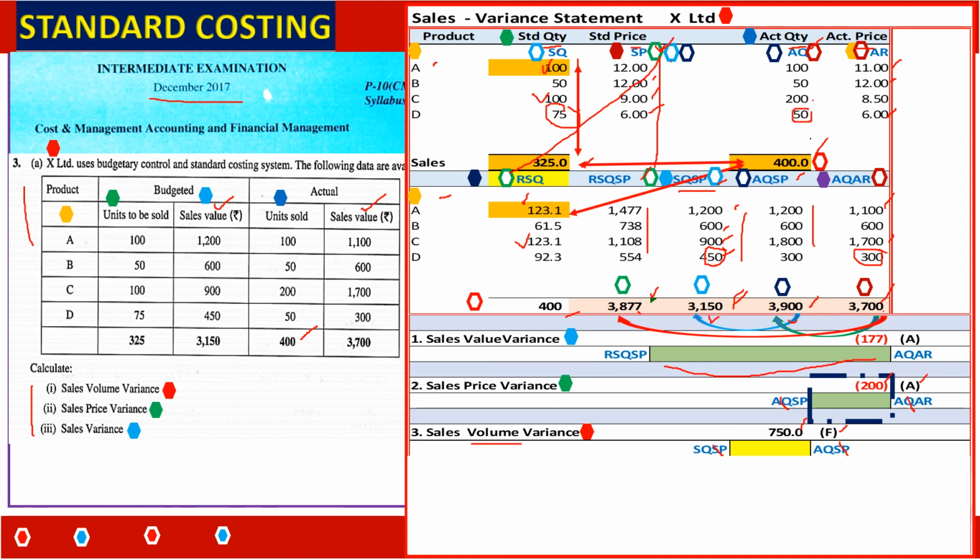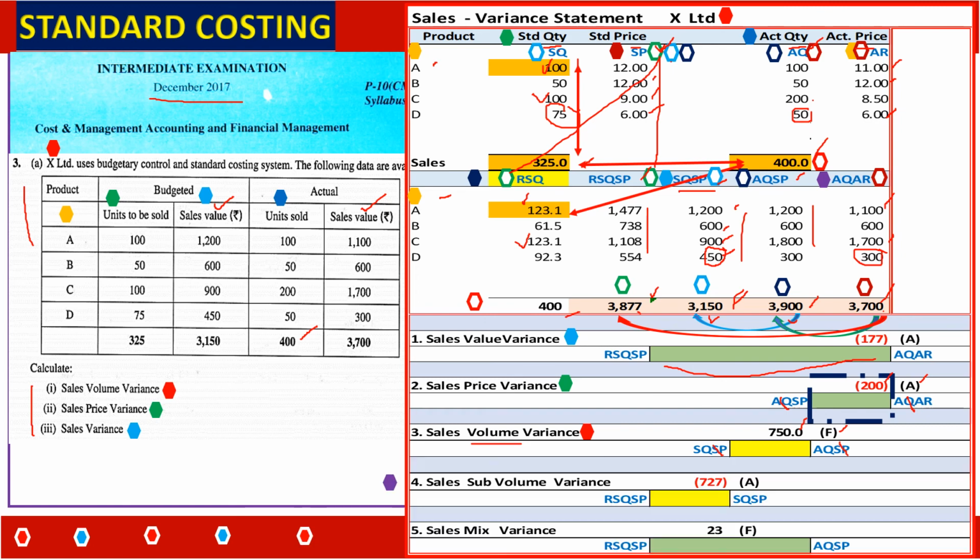In our standard template, we can also derive 2 more variances, which we have done in other illustrations. We can do it the same way. Sales subvolume is between RSQSP and SQSP, these two. Once again, 3,150 minus 3,877 is 727 negative, which is adverse.